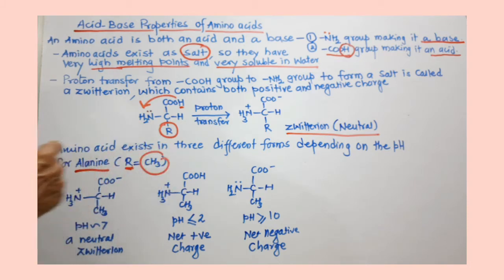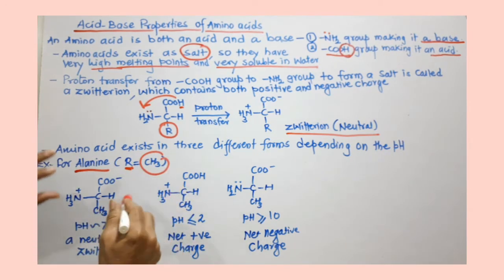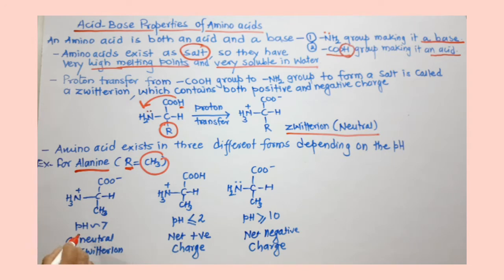This amino acid is called alanine. When we maintain the solution at a neutral pH, approximately 7, this amino acid exists as a neutral zwitterion.